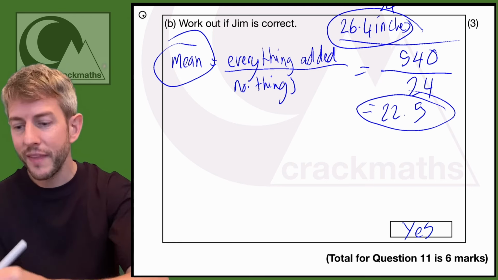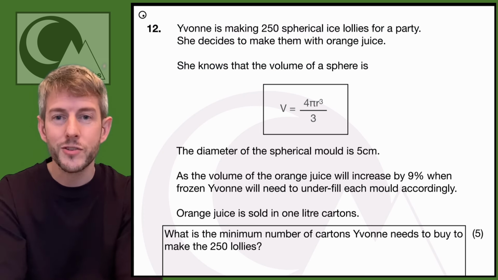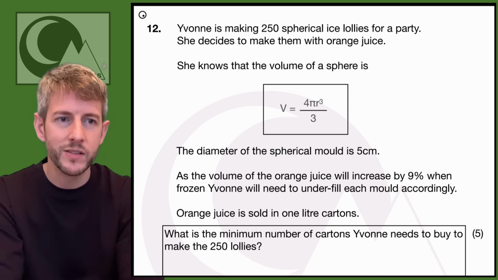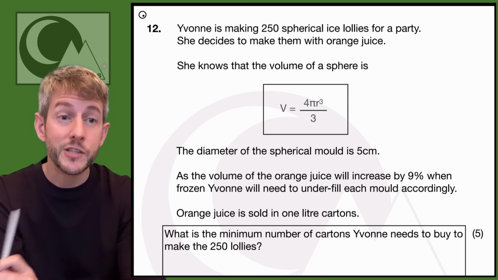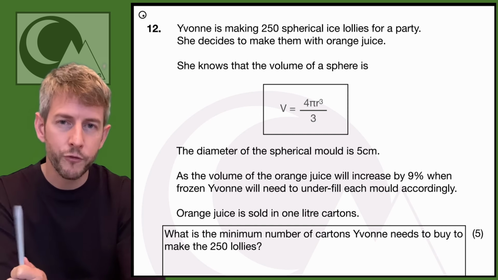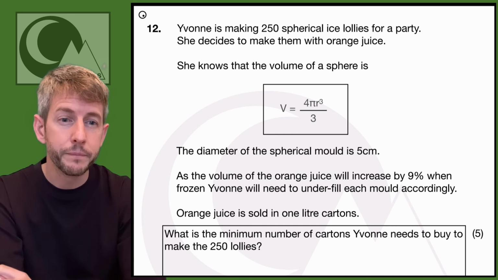Okay, great. And that takes us to our final question. Okay, so here we go, question 12. Question 12 says, Yvonne is making 250 spherical ice lollies for a party. She decides to make them with orange juice. She knows that the volume of a sphere is V equals 4 pi r cubed divided by 3.